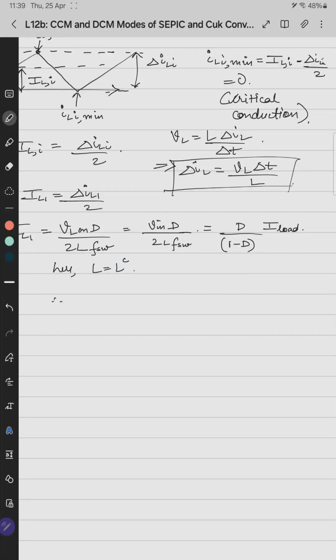So therefore now we'll find the expression of L. So L critical equals what? Here the D will get cancelled, nothing else will be. In the numerator it will be V in into 1 minus D by 2 F switching into I load.